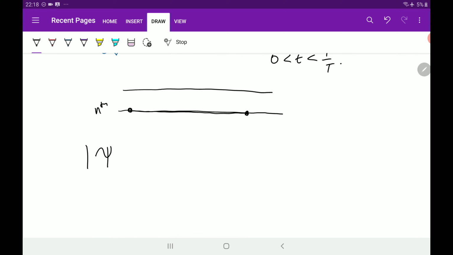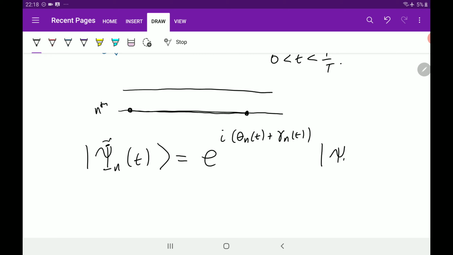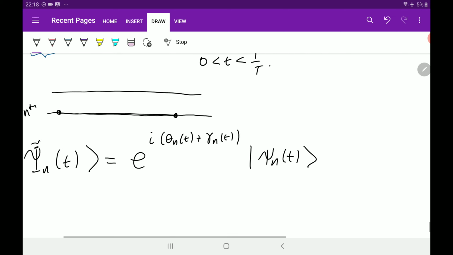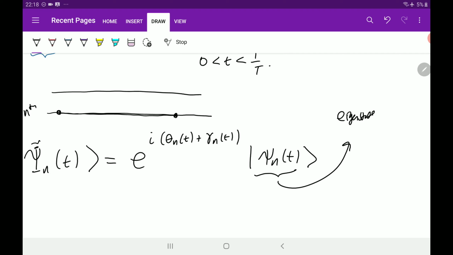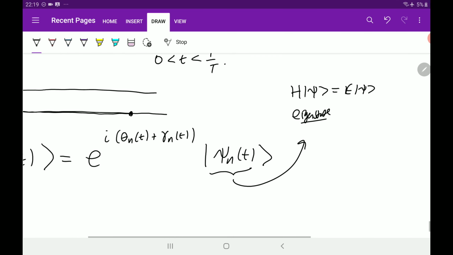So psi n tilde of t is given by e to the i times phi n of t plus gamma n of t, times psi n of t, where psi n of t is the eigenstate. It solves H psi equals E psi, where H and E are functions of time.